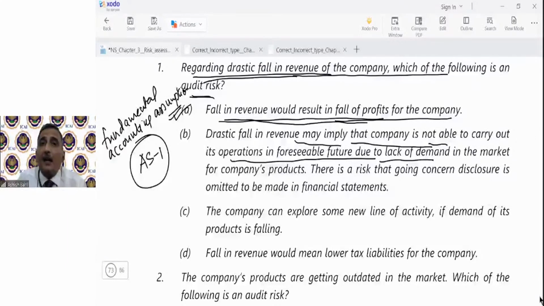So whenever financial statements are prepared, students, they are prepared on the basis that the company is going to carry on its operations in its foreseeable future. This is a fundamental accounting assumption. It is always implicit in financial statements.